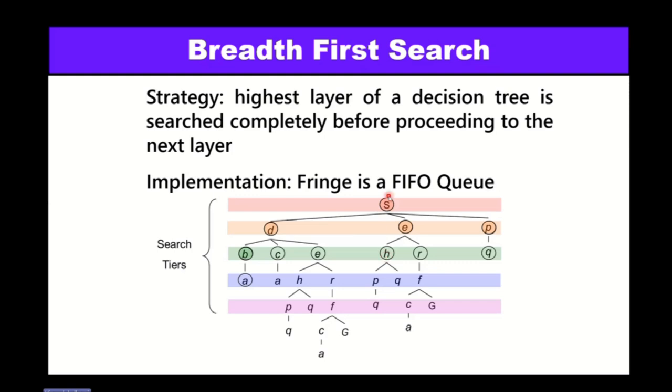Now we will go like S, D, E, P, B, C, E, H, R, Q, and again likewise. So this will be horizontal. It is a layer by layer search, branch by branch search, right? Or they are said to be the tiers of the search. And here now the list will be FIFO, a queue structure will be there.